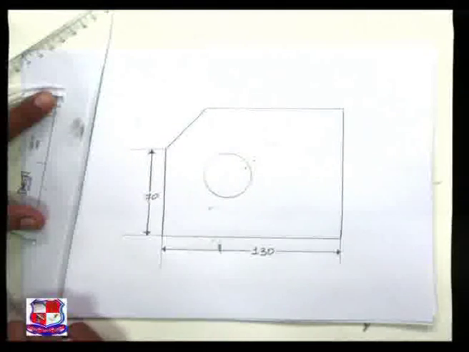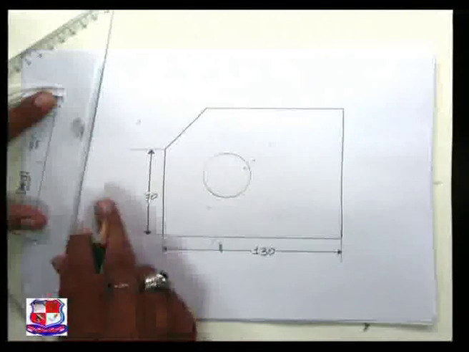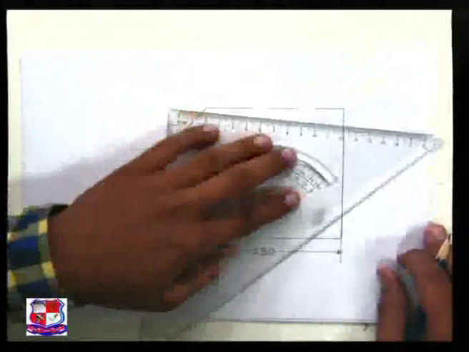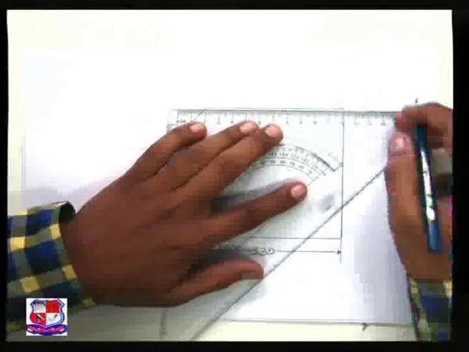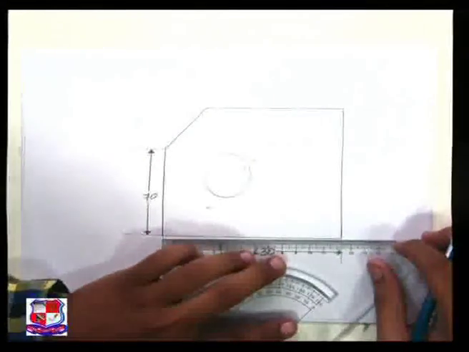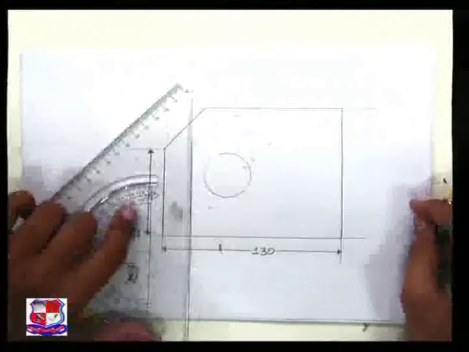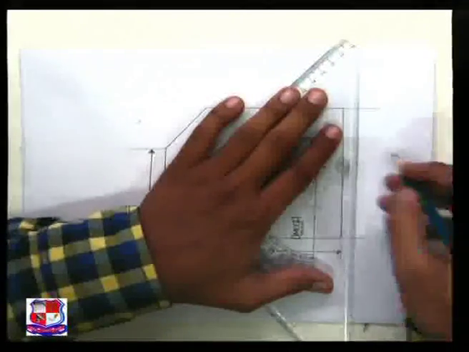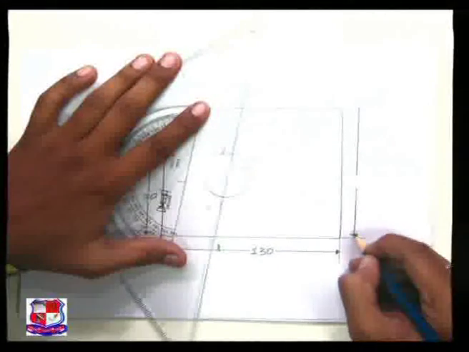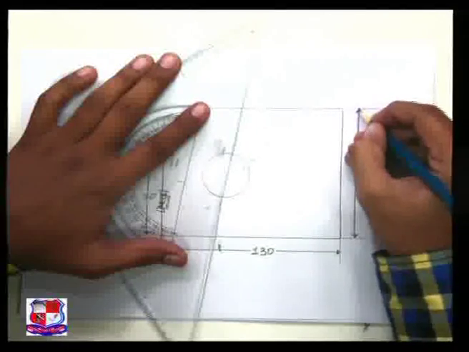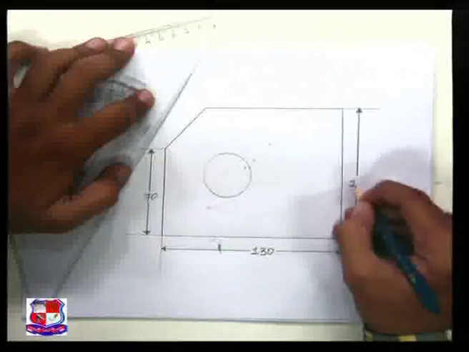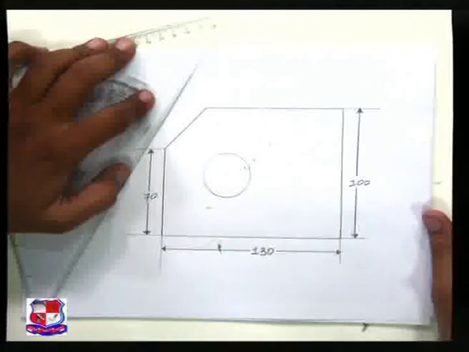Write dimension in the middle of it. So this is how you can give vertical dimension. Another example of vertical. Leader line, dimension line cut in between. Close filled arrow on both sides. Dimension in the middle of it.